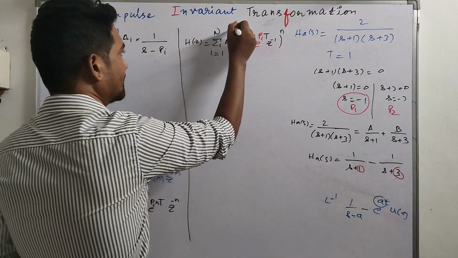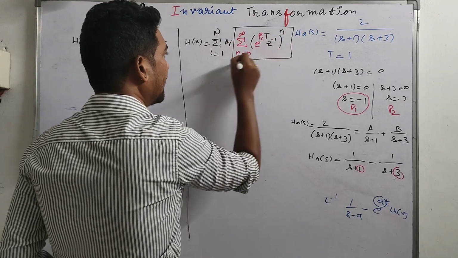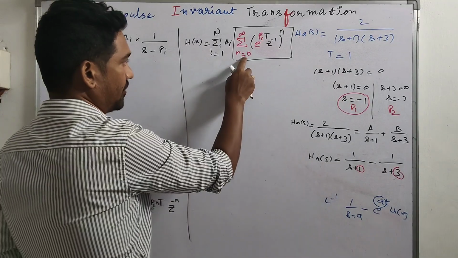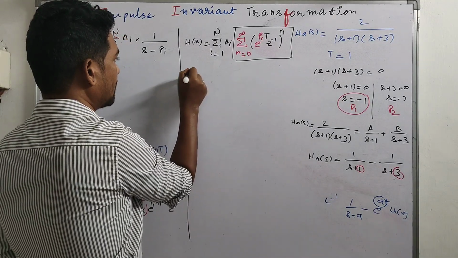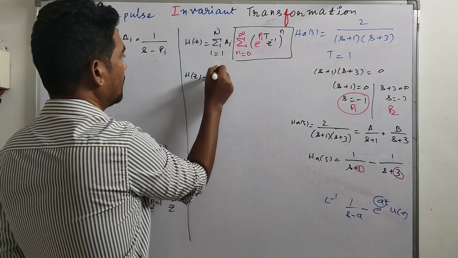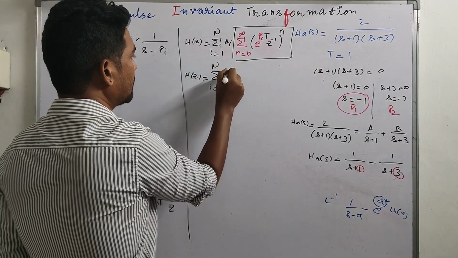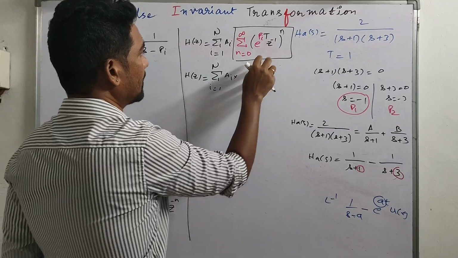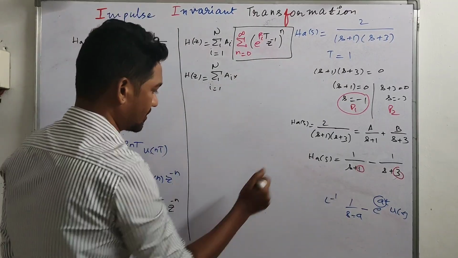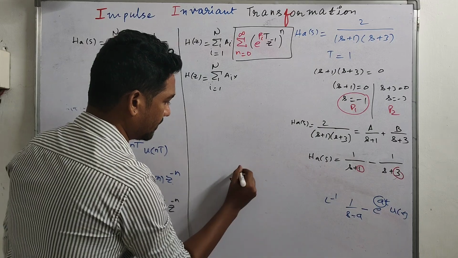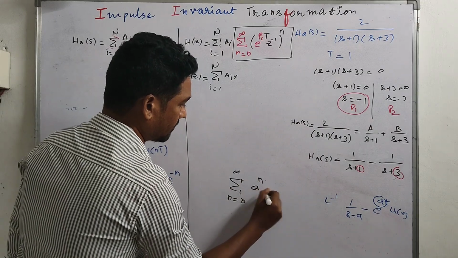And guys, this is a geometric series with infinite duration that can be written as H(z), and i equal to 1 to n into a_i as it is, into, this is very much the standard, n equal to 0 to infinity a raised to n.